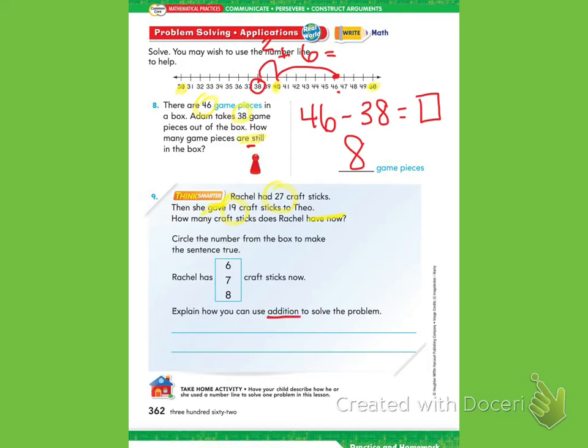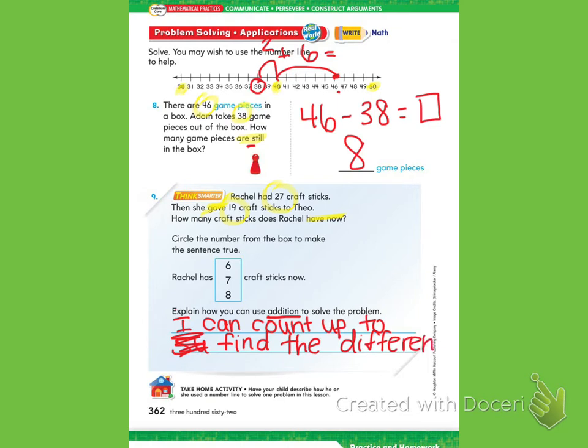Well, what I can do is I can count up to find the difference, which does mean to subtract, but I want to kind of use those words so I don't have the word addition and subtraction always in the same sentence. So I can count up to find the difference, which is still subtraction, but I'm using addition to do it.